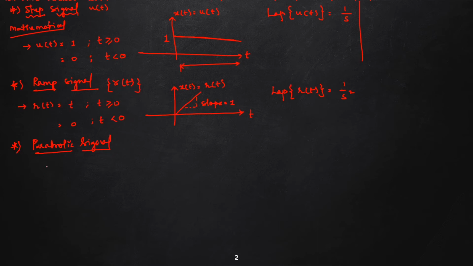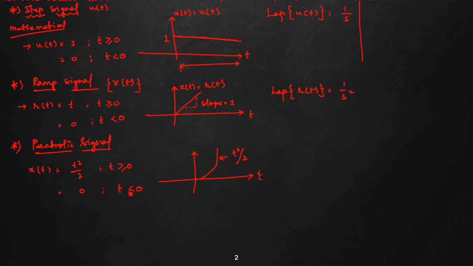There isn't any particular denotation for it, so let us take it as x of t for the time being, which will be equal to t square upon 2 for t greater than or equal to 0, and equal to 0 for t less than 0. Most intermediate students will know the parabolic signal representation, which will be something like this.